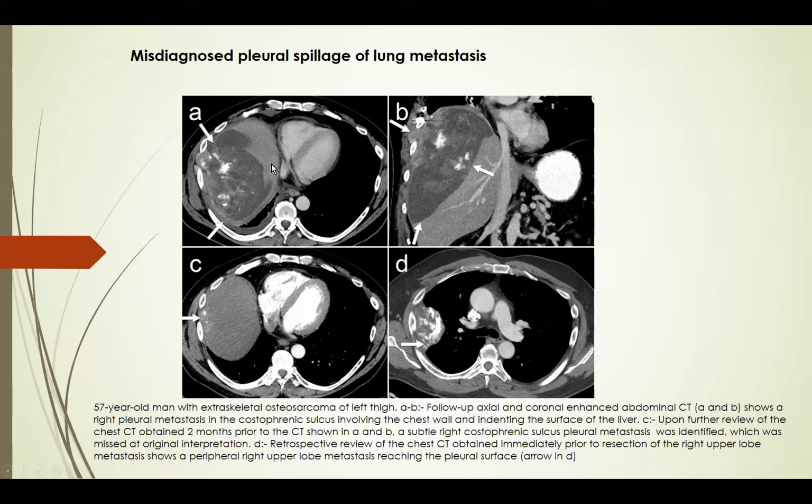But if we understand the pattern of spread, these are the studies 2 months before the CT in A and B. If you understand that, there is a subtle lesion. And if we go back further, this lung metastasis has reached the pleural surface, and then it resulted in drop metastasis in the deep costophrenic sulcus, which has grown.